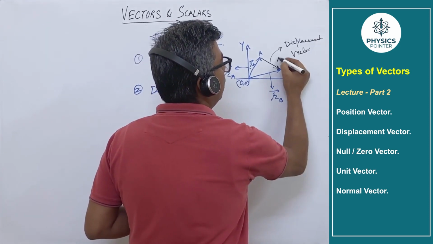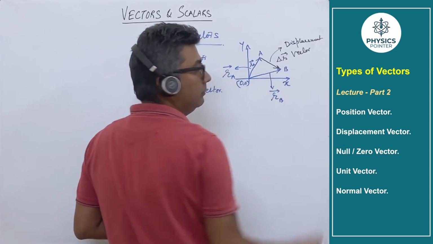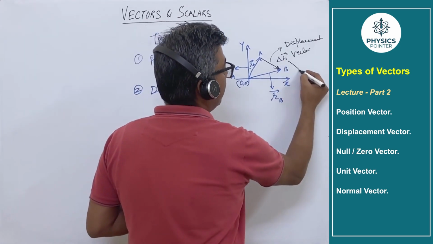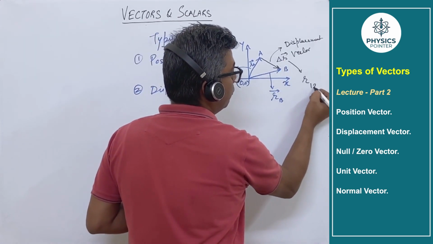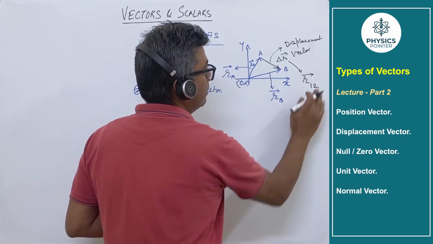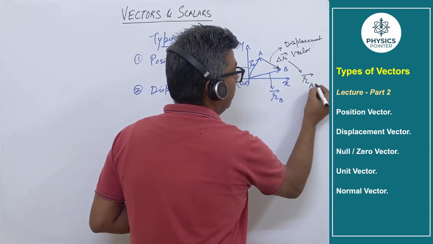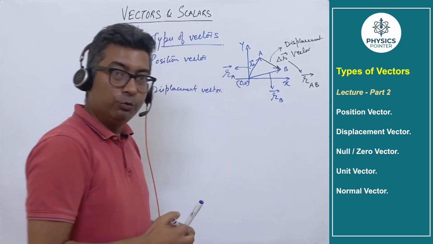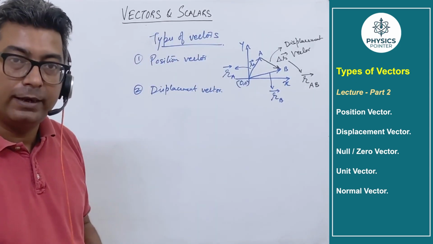I can denote it as delta R vector. Also, I can denote it as R going from A to B. I can denote it like that as well.